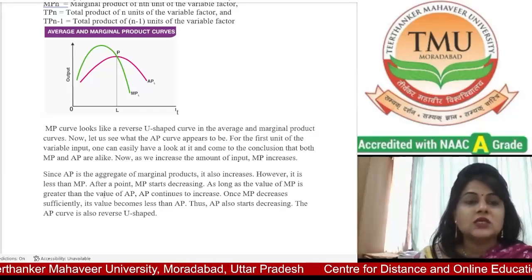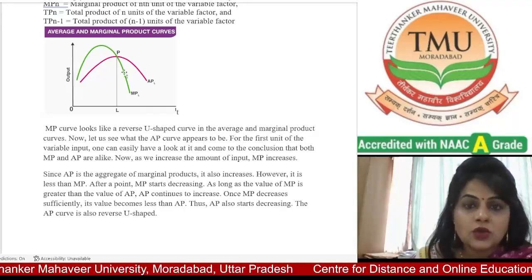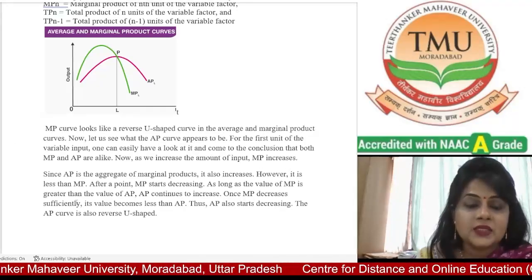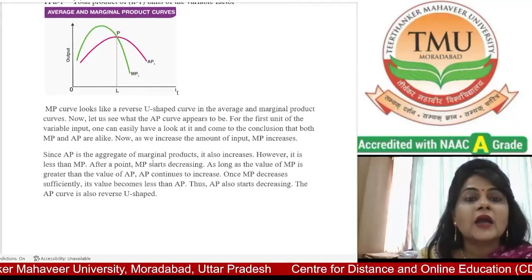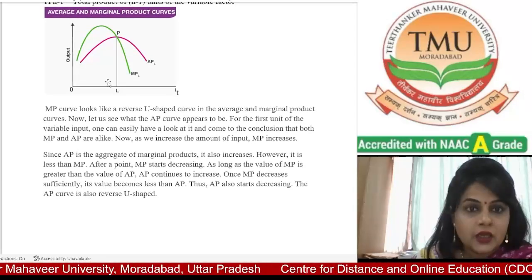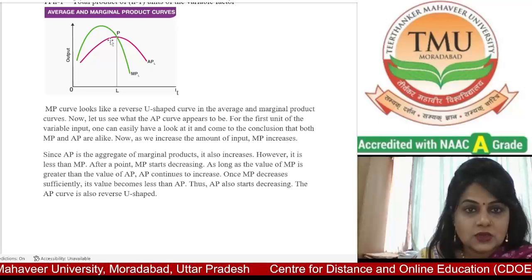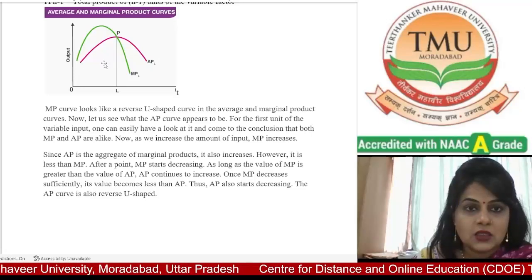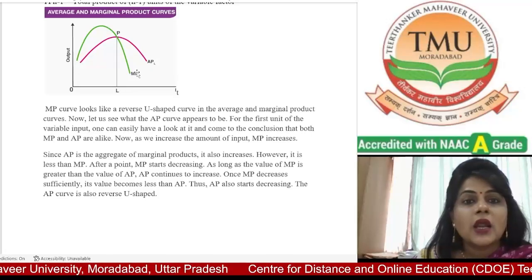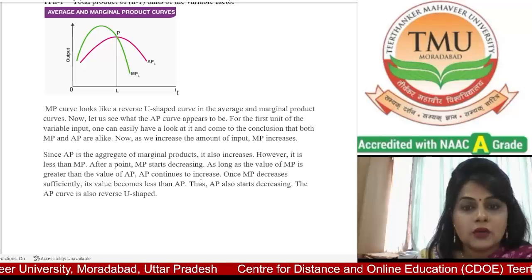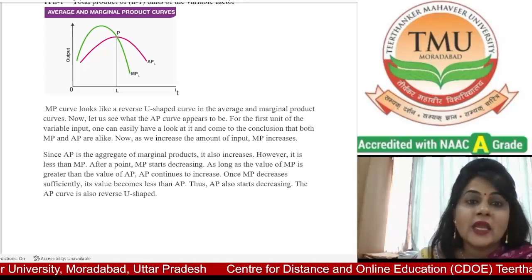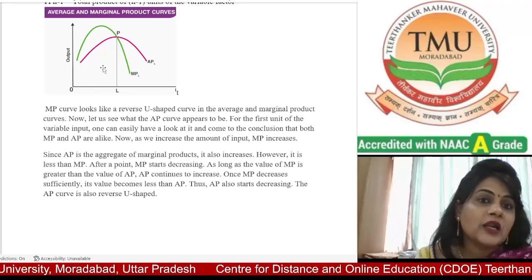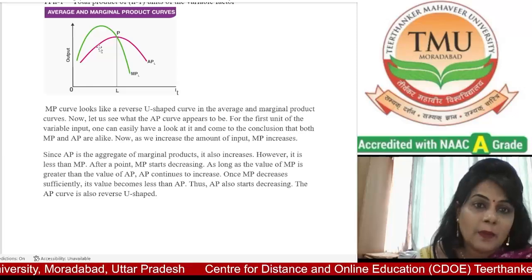MP increases, and since AP is the aggregate of marginal product, it also increases. You see here AP is shown in the pink curve and MP in the green curve. However, AP is less than MP from the start.